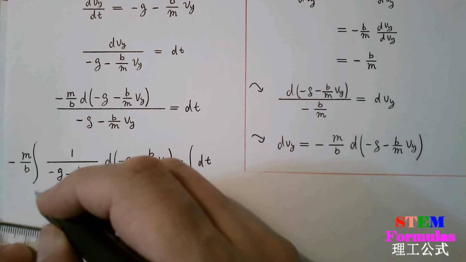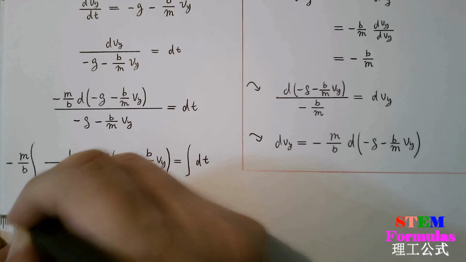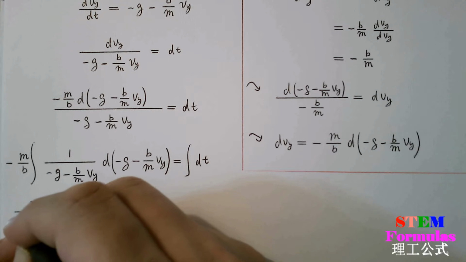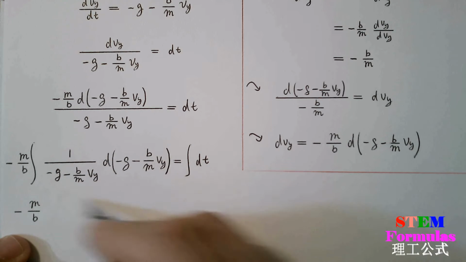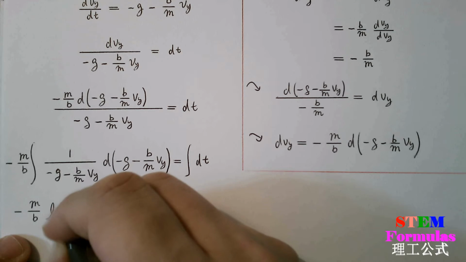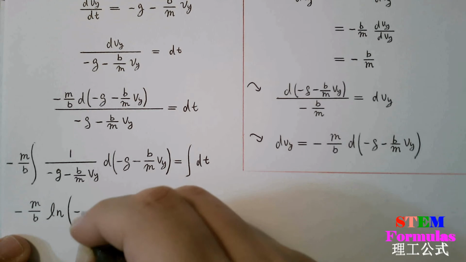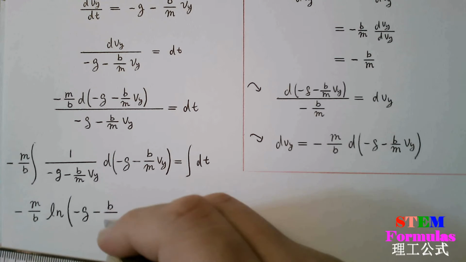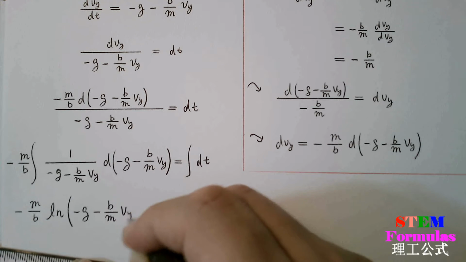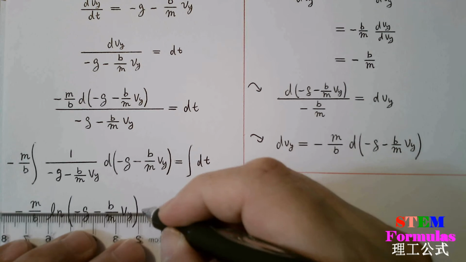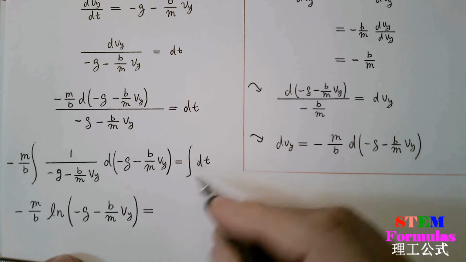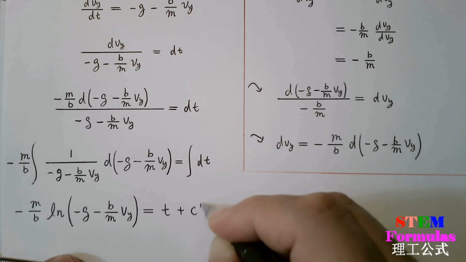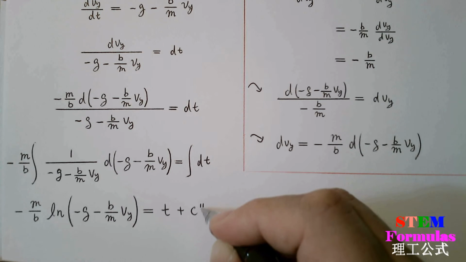Therefore, the left side, when I integrate, equals ln of minus g minus b divided by m vy, equal the right side, t, plus an integral constant c double prime.